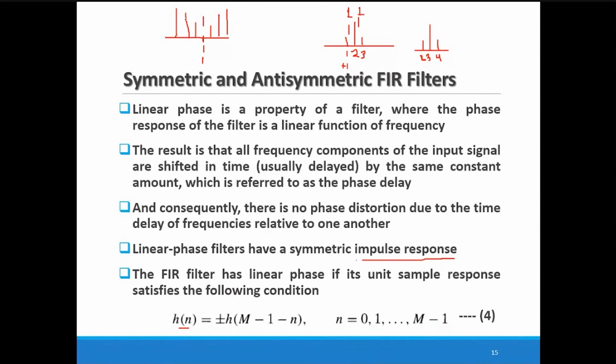For example, here the locations are -1, -2, and -3, and here the locations are 1, 2, and 3. Whatever value is available at -1, you get the same value at location 1. Whatever value is available at -2, you get the same value at location 2, and similarly for the third. When you get this type of characteristic, you can say the filter has this symmetrical property.